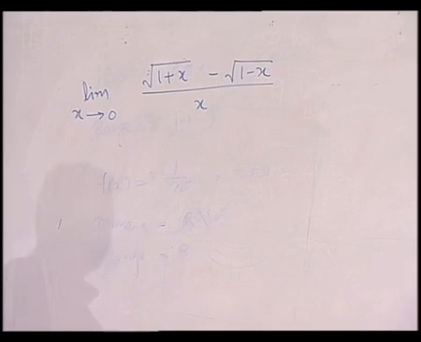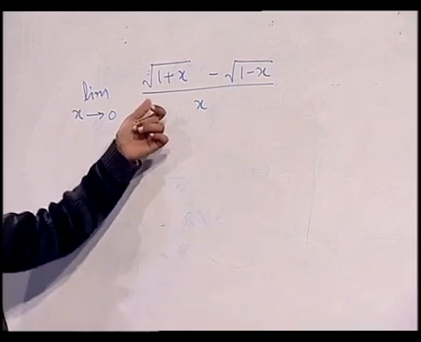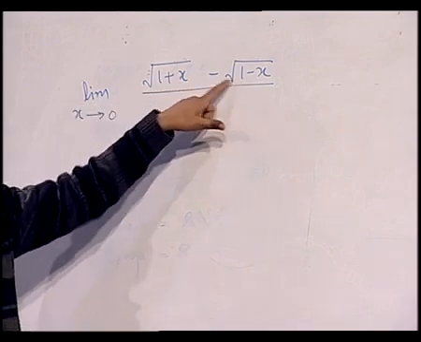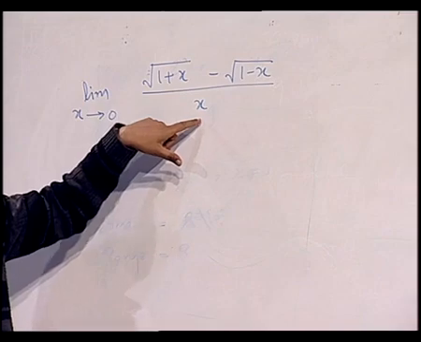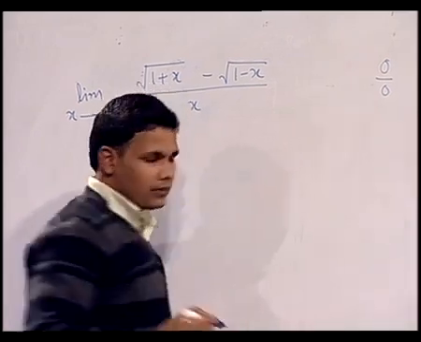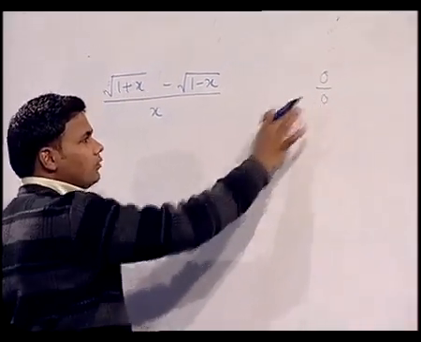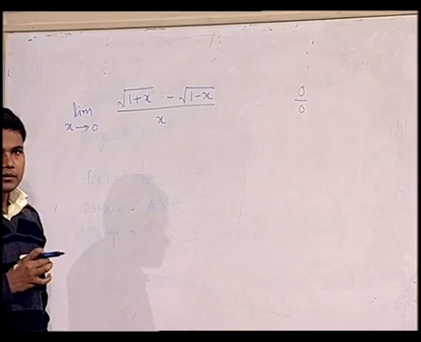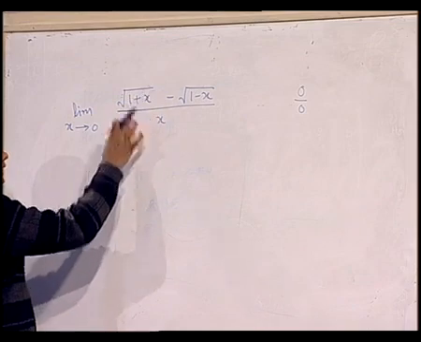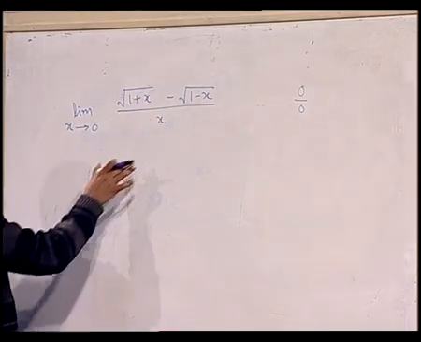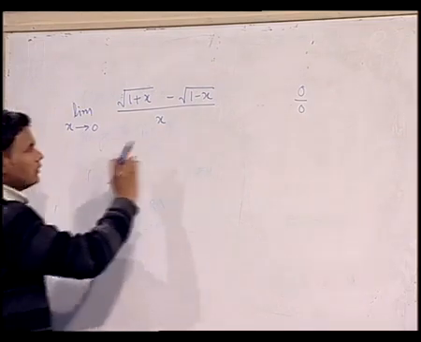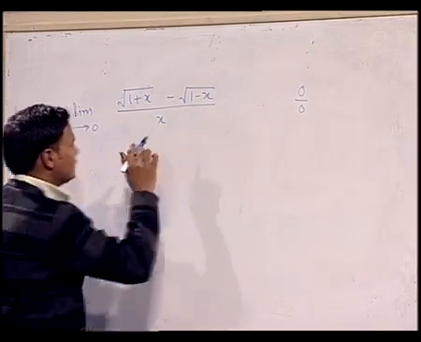If we substitute x equals 0, here we get (1 minus 1) upon 0, that is 0 by 0. The value of 0 by 0 cannot be determined, so we try to reduce this expression into its simplest form. For this, we have to rationalize this.